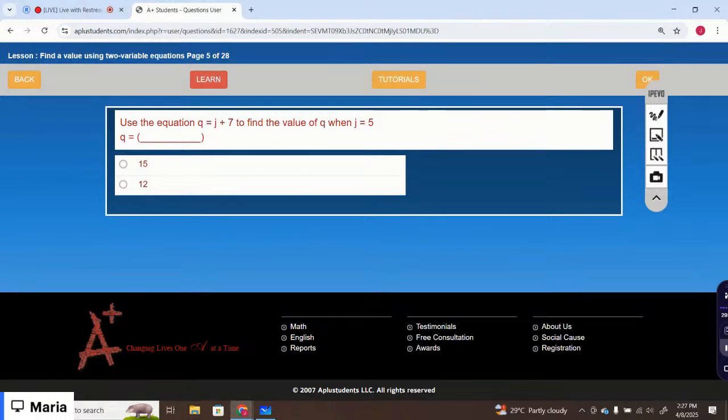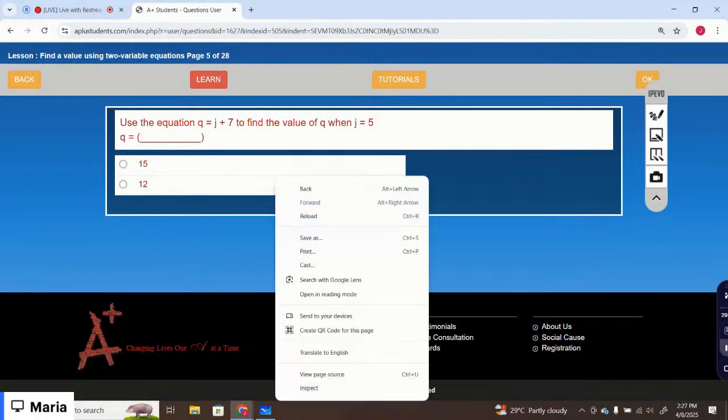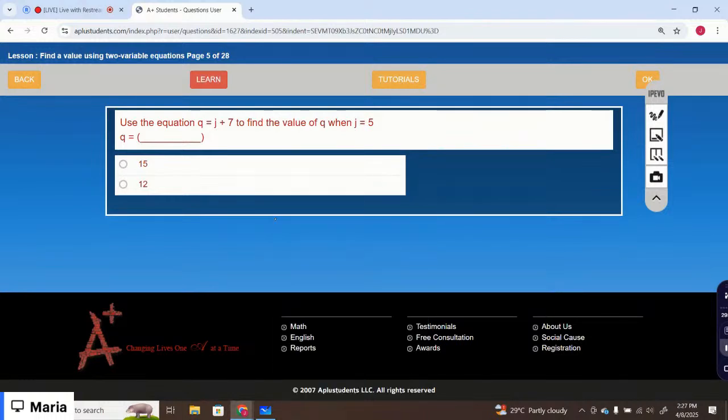Use the equation q equals j plus 7 to find the value of q when j equals 5. That is 5 plus 7 equals 12. Option number 2 is the correct option.